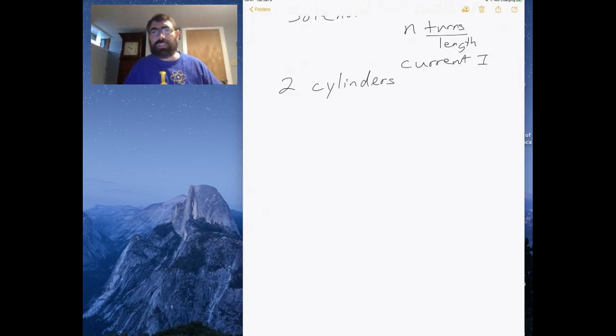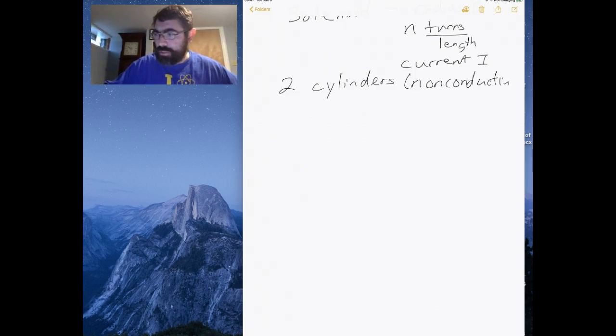Now there are two cylinders which are basically coaxial with this solenoid. Let's make these cylinders non-conducting so that the charges don't move around. The inside cylinder has a radius a, which is less than r.